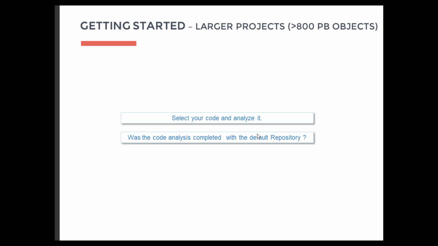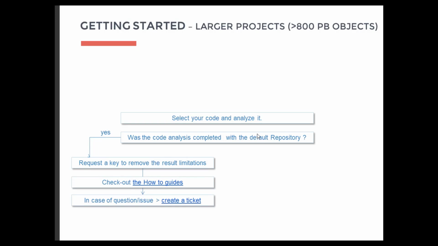Or if it did complete the code analysis, that's fine. You can go ahead. So if it could complete, you just request a key as we discussed. And by the way, the key is stored in the repository. That's why you want to request your key after the analysis is completed and after you check that the repository is solid enough to handle your analysis. You request your key and then you can check the guides or post a ticket.